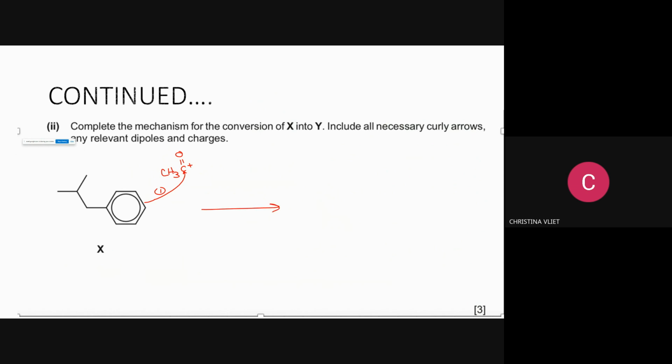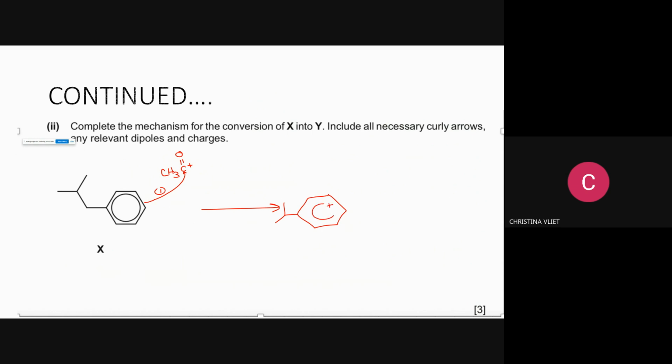What's our next thing to do? What's the second mark for in this mechanism? Something called the intermediate. So this is still there. I can't lose that. I have a broken benzene.